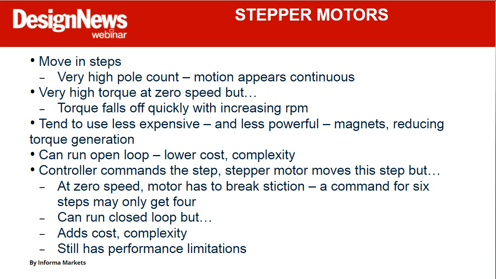So if you need holding torque at 0 speed, yay, but if you need higher speed, you're not going to get that with a stepper motor. They tend to use less powerful magnets, which reduces torque generation. Frequently run open loop. The conceit kind of being, you command a step, you get a step.